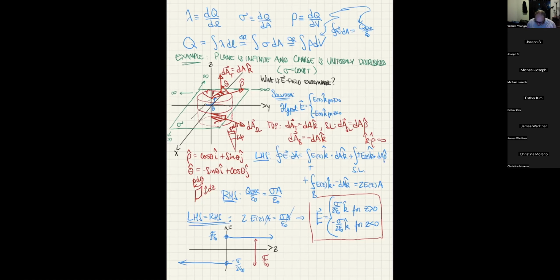Another thing that's kind of important is if I were to take 2 planes. Let's say this is an infinite plane, its charge is negative, and it has the exact same charge as the positive one did, only it's negative.